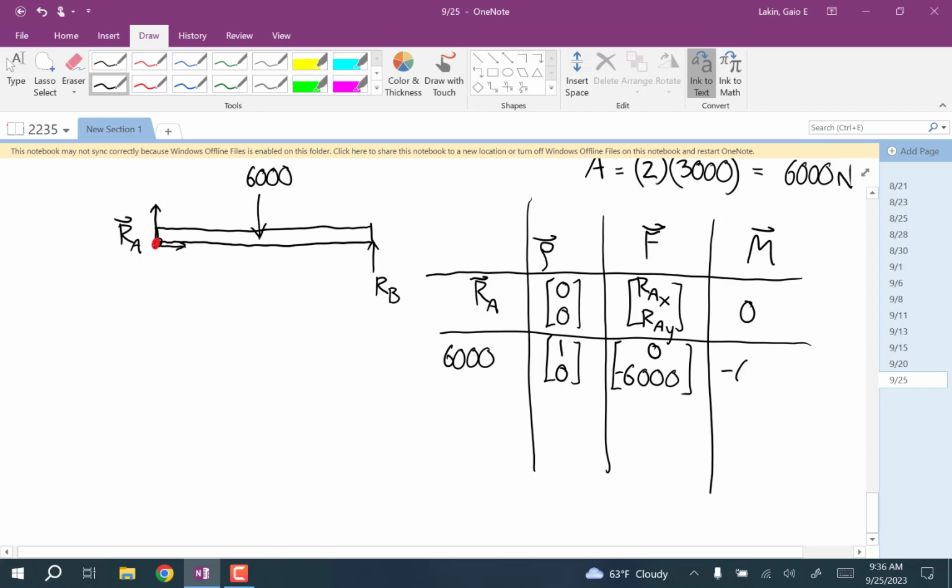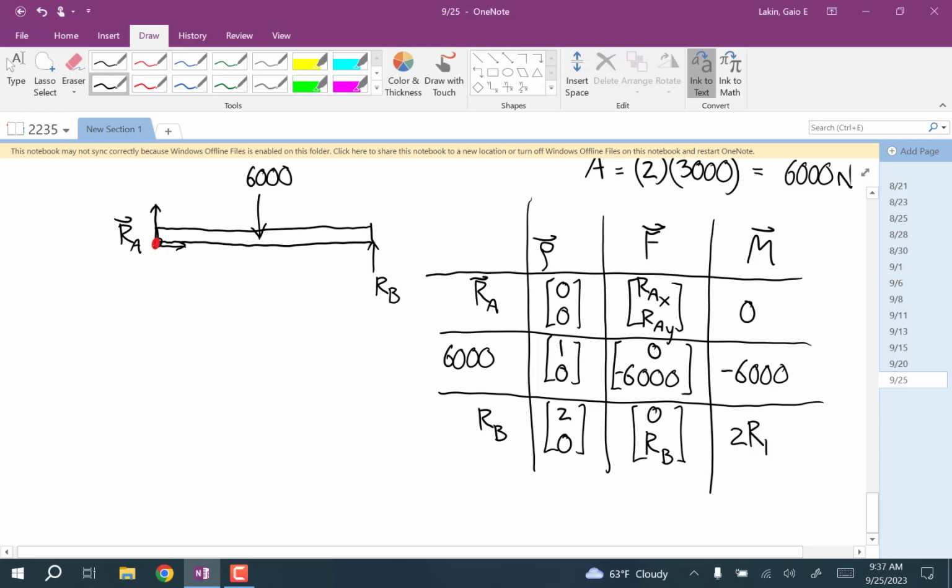So the cross product is negative 6,000. And then RB has a row vector of 2, 0. Force is 0, RB. And so the cross product is 2 RB.